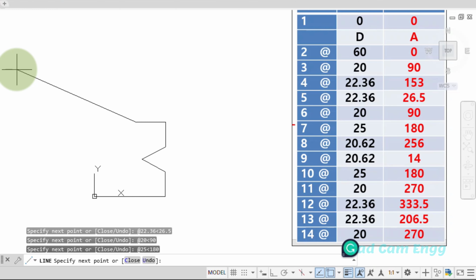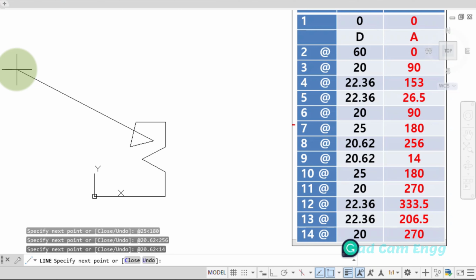So now, point number 8, @20,62 less than 256. Okay. Again, point number 9, @62, the angle is 14.